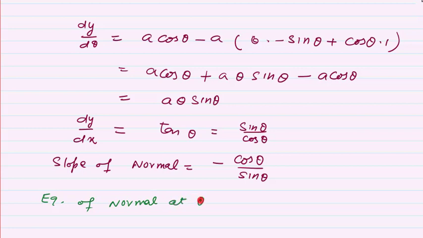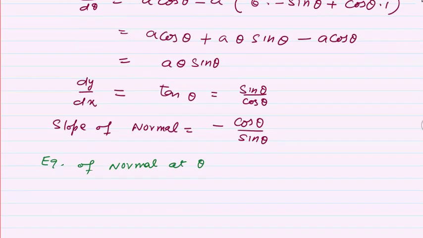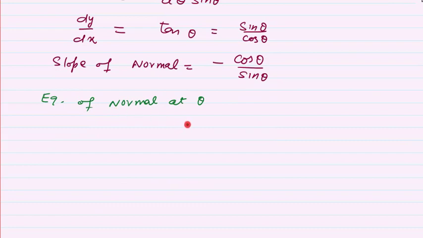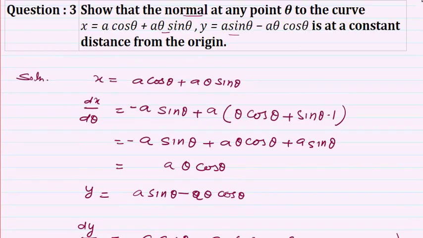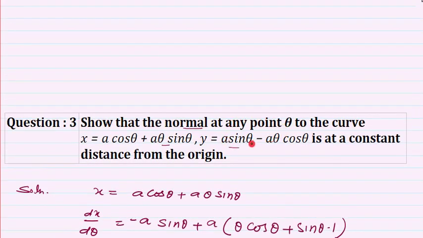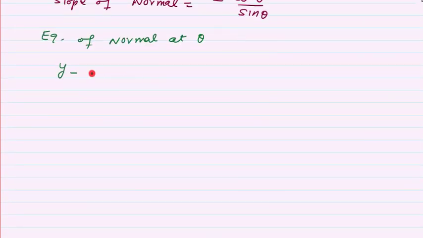At theta, the values of x and y at theta remain the same. So using the equation y minus y1, y1 is clearly the value of y which is given at theta. It is a sin theta minus a theta cos theta. I am using a negative sign here, so that's why I am using a bracket, to avoid the mistake.